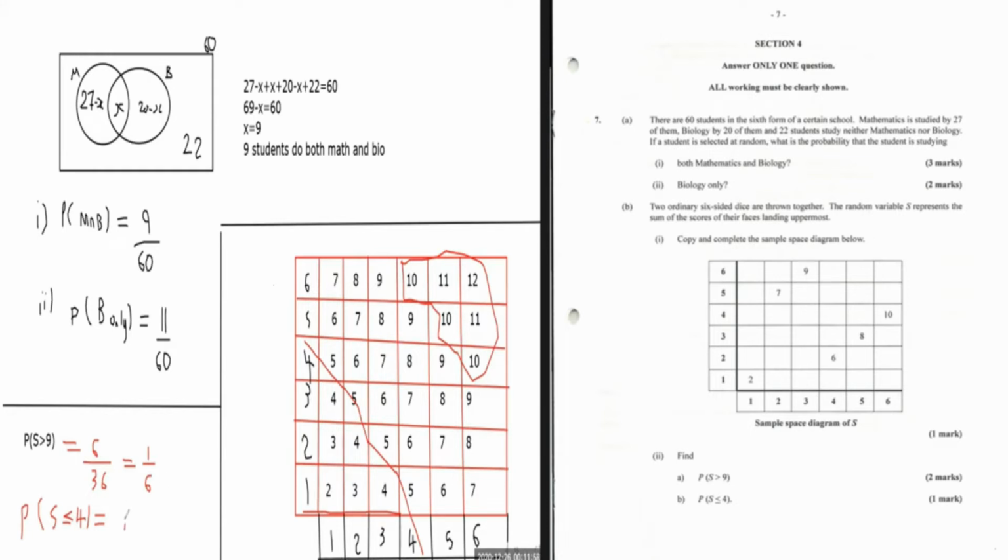That's equal to 9 out of 36. And 9 out of 36 is a quarter. That's the probability that the score will be less than or equal to 4.